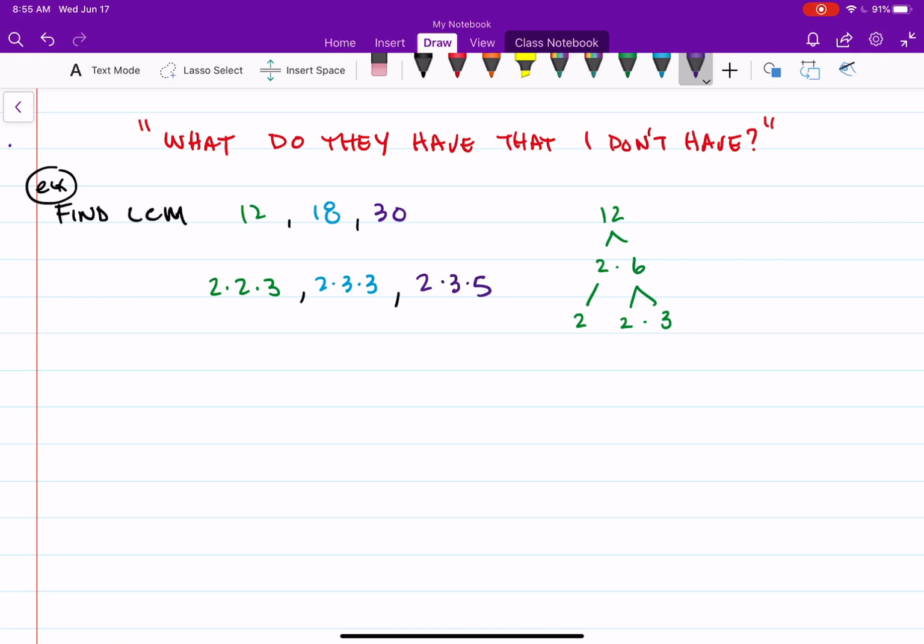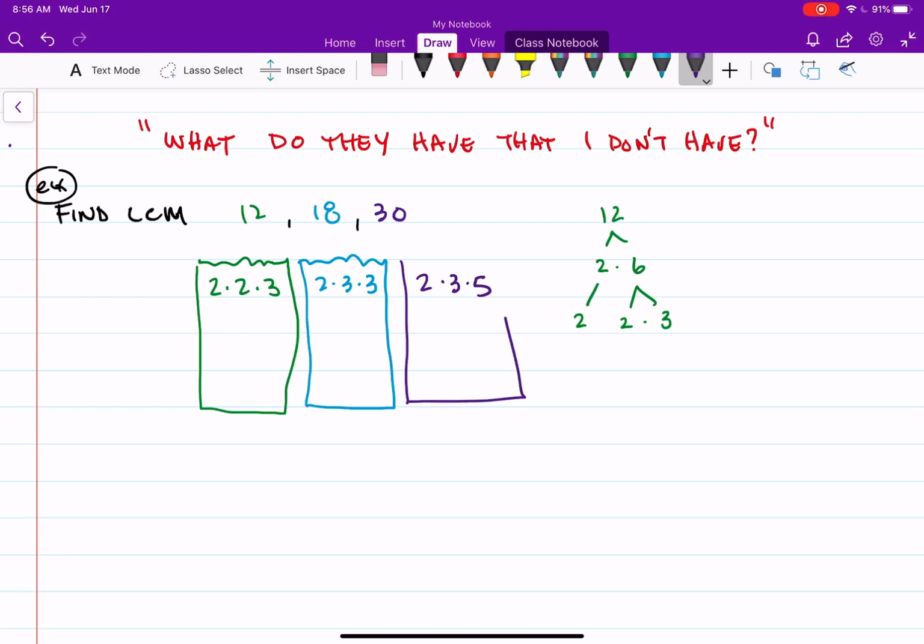Okay? So if you look at this, let's look at these as 3 bags, and you want all 3 bags to have the same stuff in it.